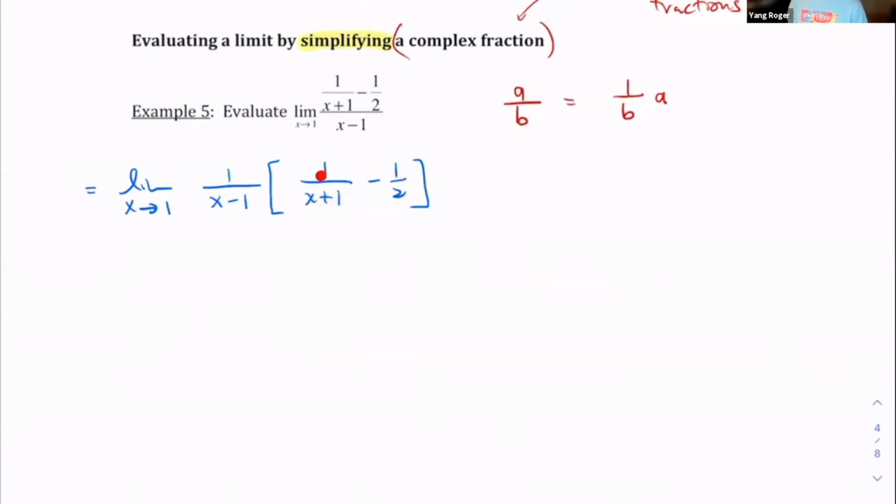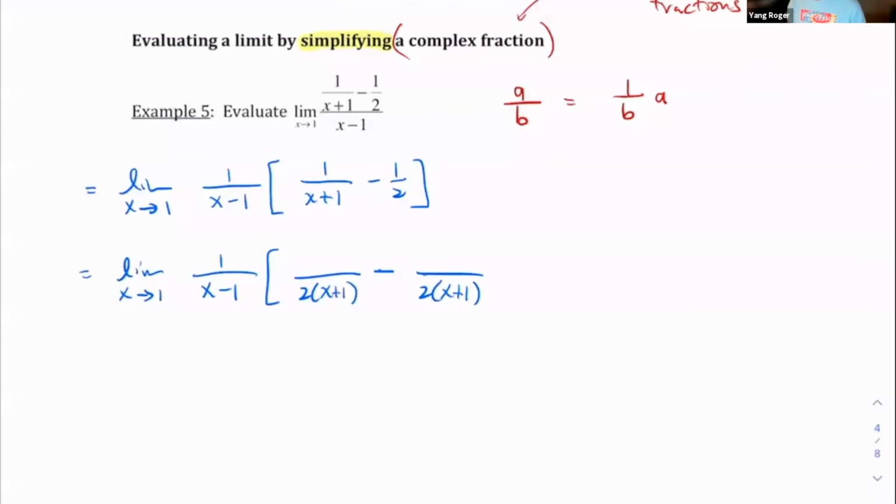Well, when you want to simplify, that's right, Cynthia, you need a common denominator. So in this particular case, we're going to have this. Our common denominator is going to be the product of the 2. So we're going to have 2 times x plus 1 minus 2 times x plus 1 like that.